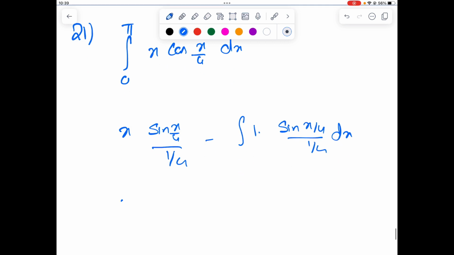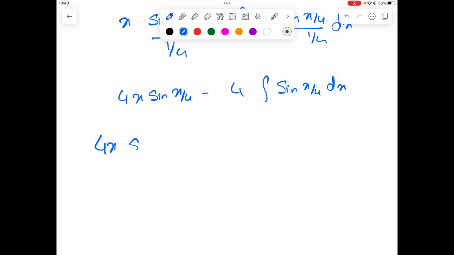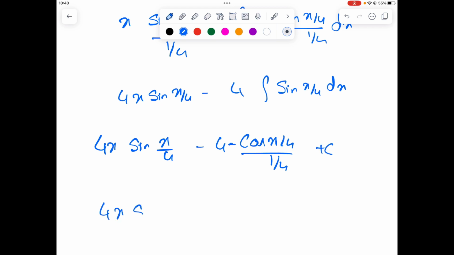Now it becomes 4x sin(x upon 4) minus the integral of 4 sin(x upon 4) dx. Which gives 4x sin(x upon 4) minus 4 times negative cos(x upon 4) upon 1 upon 4 plus c. So it becomes 4x sin(x upon 4) plus 16 cos(x upon 4) plus c.